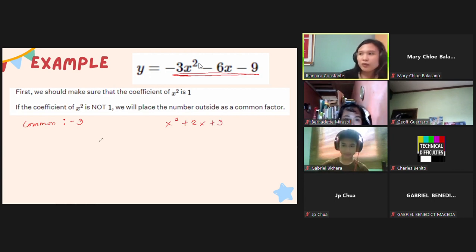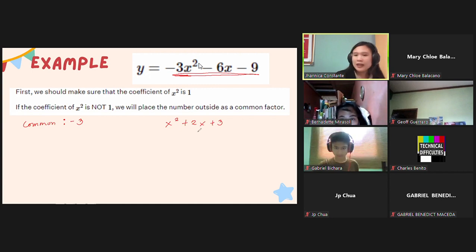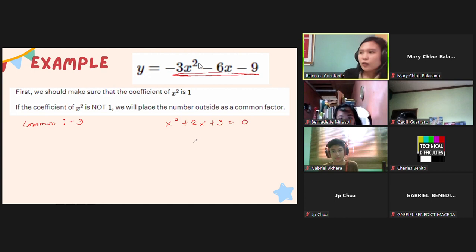After putting aside the common factor, you can now proceed using completing the square. Transpose +3 to the other side of the equation. So we have x squared plus 2x equals -3.